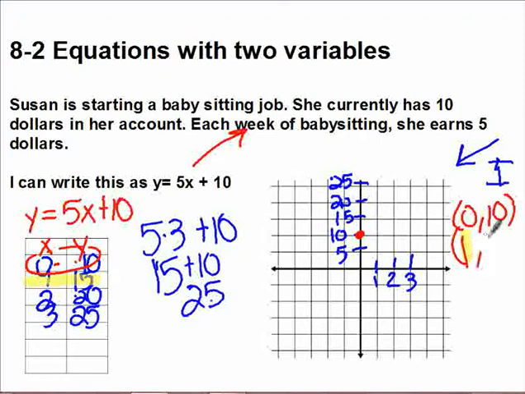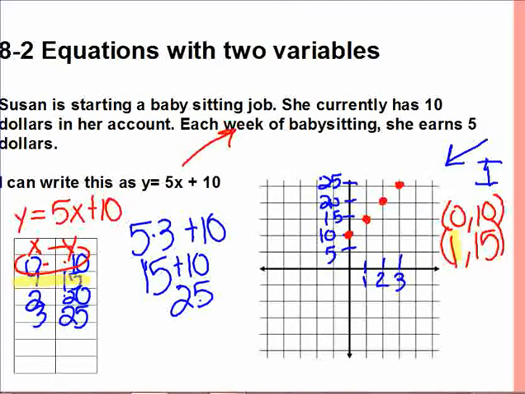So I would write that as 1, 15, which means I go over 1 up to 15, and then continue with 2, 20 and 3, 25. This now, I can draw a line to show the graph of my equation.